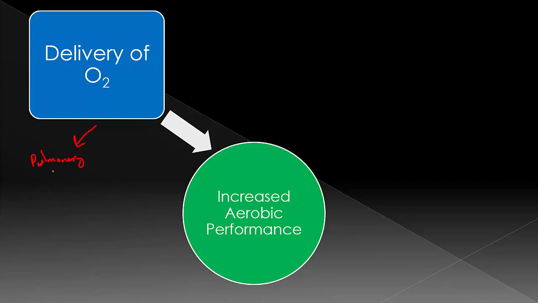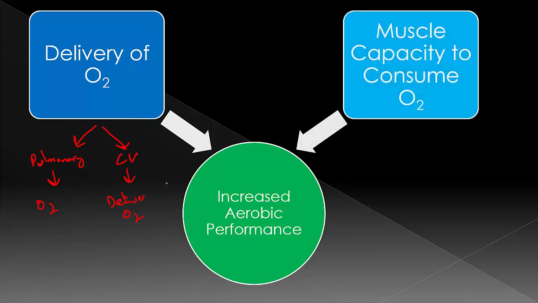Pulmonary system, where we can get O2 from the atmosphere, as well as the cardiovascular system to deliver that O2 to the muscle. And then we also need the ability for our muscle to consume that O2.